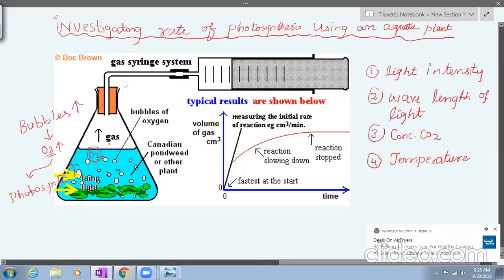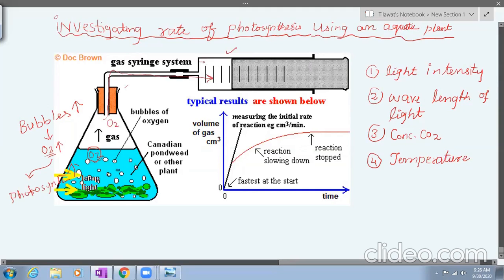So for that reason, we connected this setup with a gas syringe. Okay, we connected this syringe through a pipe, right? With this setup. So you can see here, if oxygen production is increasing, then definitely oxygen will move from here and enter this gas syringe.